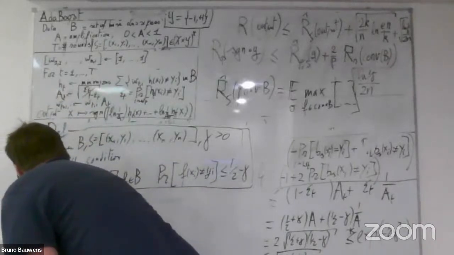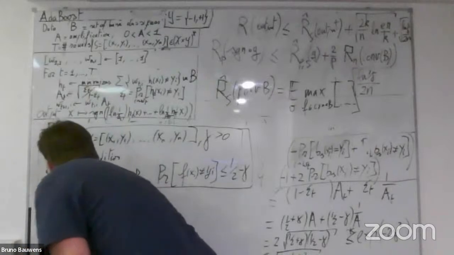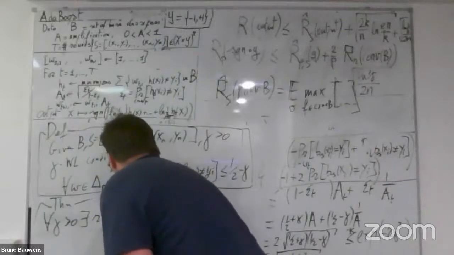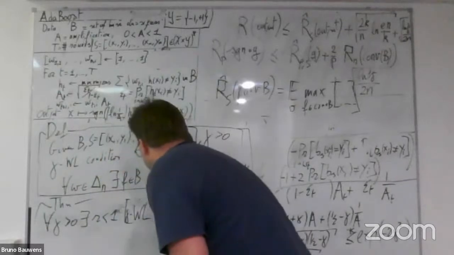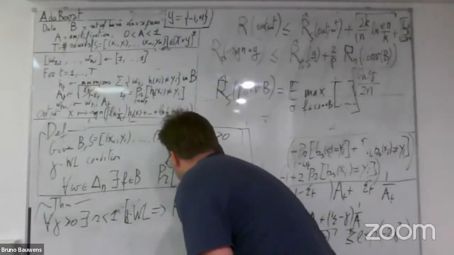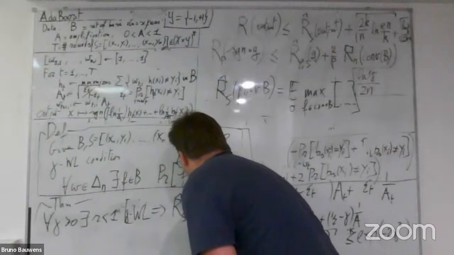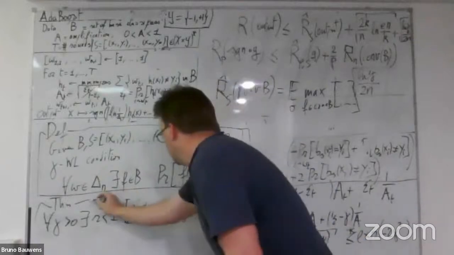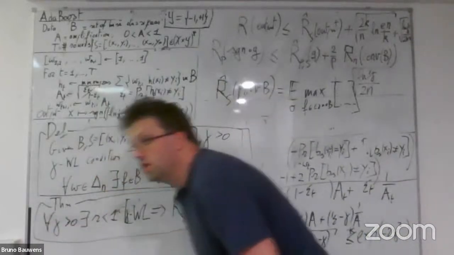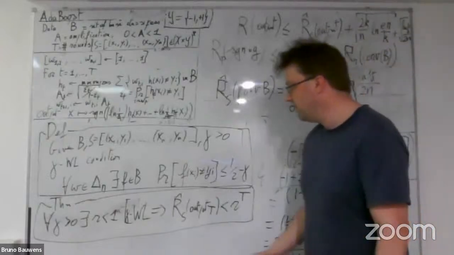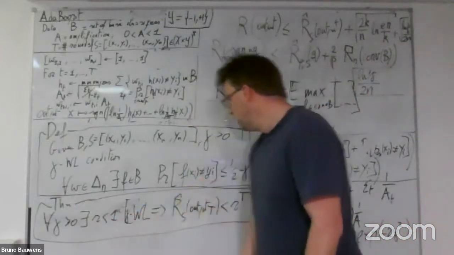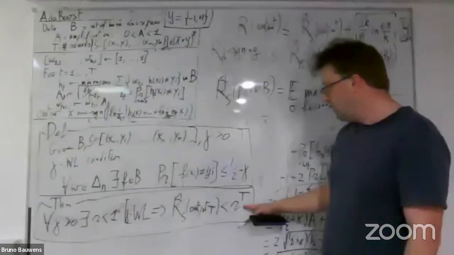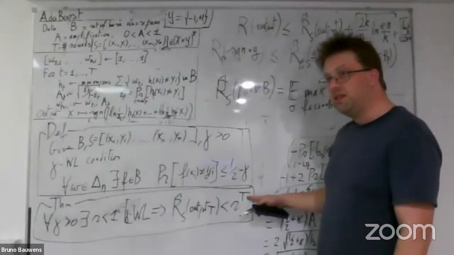For every gamma strictly bigger than 0, there exists R strictly smaller than 1 so that the gamma weak learner hypothesis implies that the empirical risk of the output after T rounds is smaller than R to the power T. So that's it. We have an R strictly smaller than 1, so that when we keep growing T, we decrease by R to the power T.